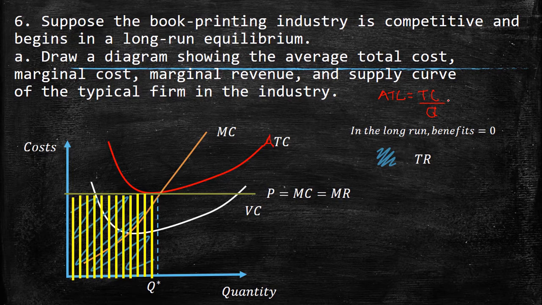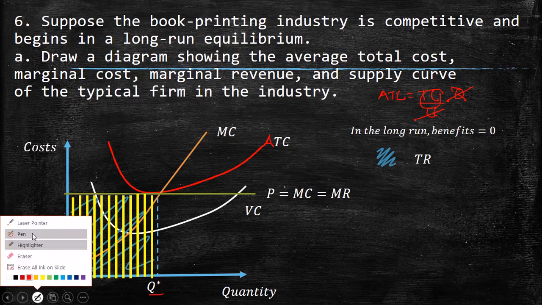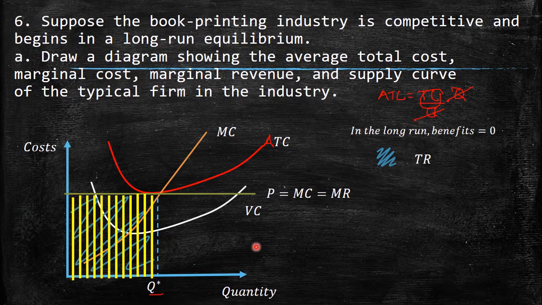If you multiply by the quantity, then you have the total cost. So here, this one is the total cost. So if those are equal, the benefits are zero.